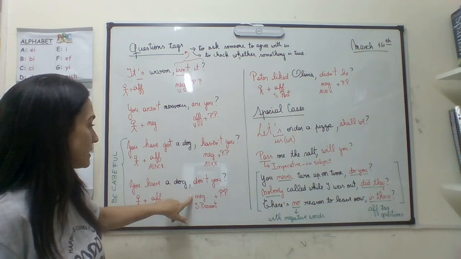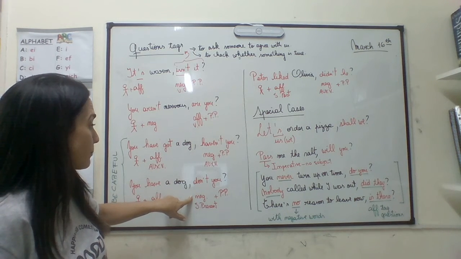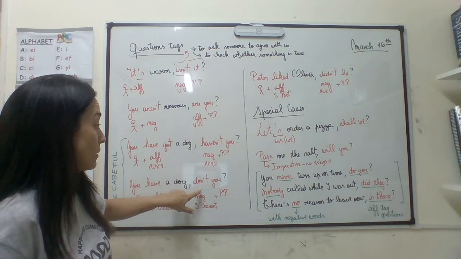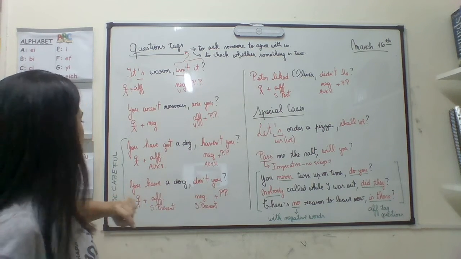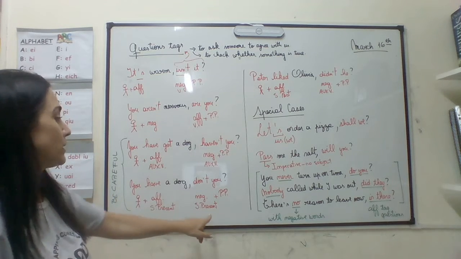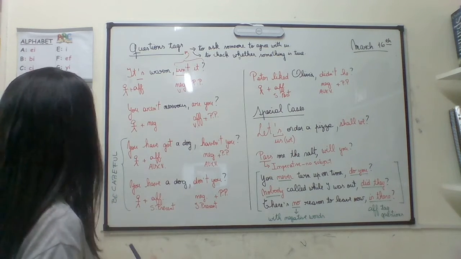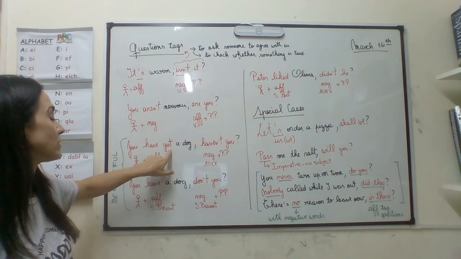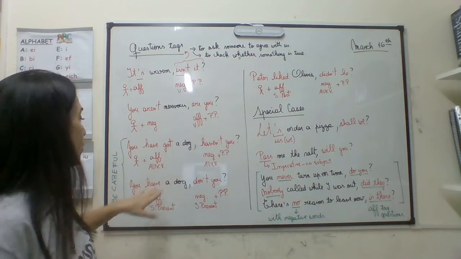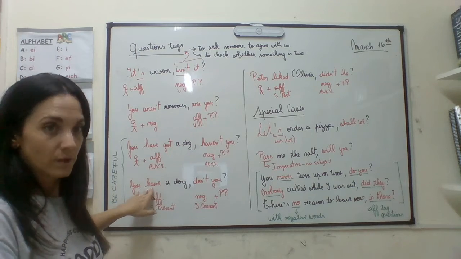Then the negative will be the auxiliary verb of simple present, in this case, don't. Good? So it would be don't or doesn't depending on the person. So be careful with this. When you have have, check if after have you have a verb, or if it is the main verb, have.